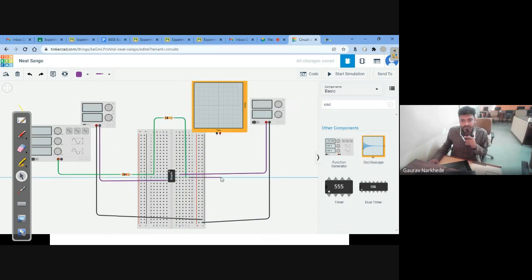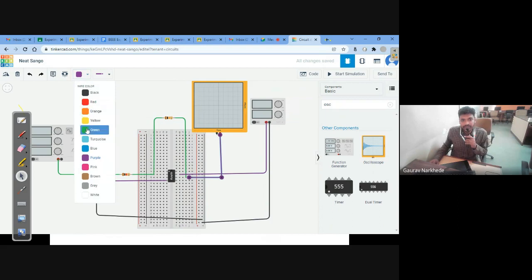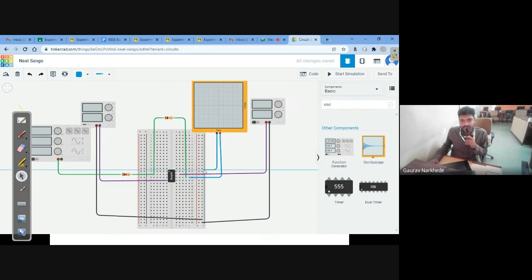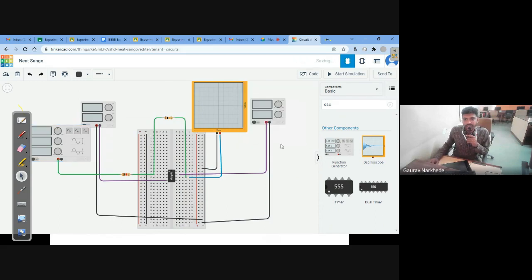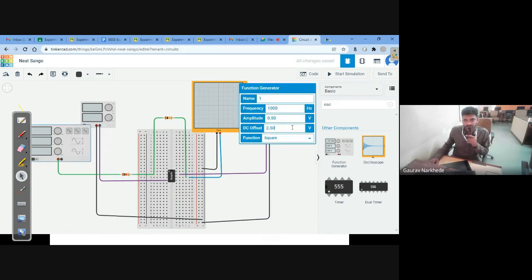This output is connected to the oscilloscope, with some blue color, and the negative terminal of the output is always taken between the output terminal and ground, so let me connect it to ground. Then the input I will give, let us say 0.5 volts. Offset voltage I will keep as 0 as always, and I will use a sine wave.